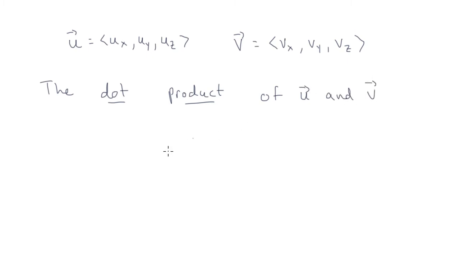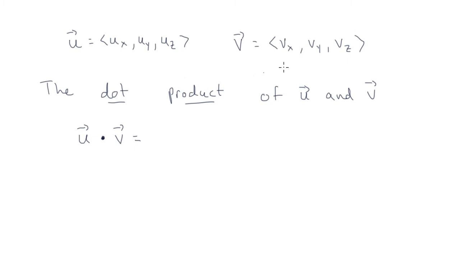So the dot product of u and v, and we're going to denote it u dot v, real creative name. So u dot v is equal to, and now what we do is the result is not going to be a vector, it's actually going to be a scalar.